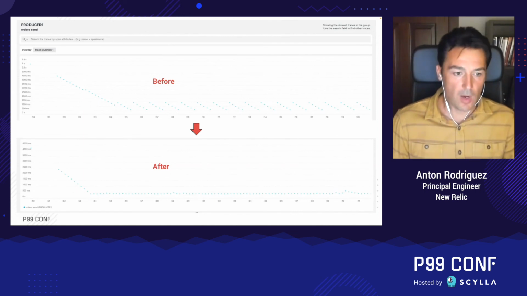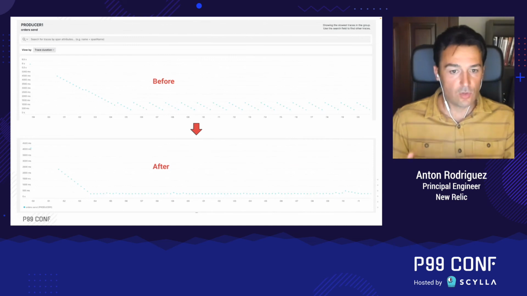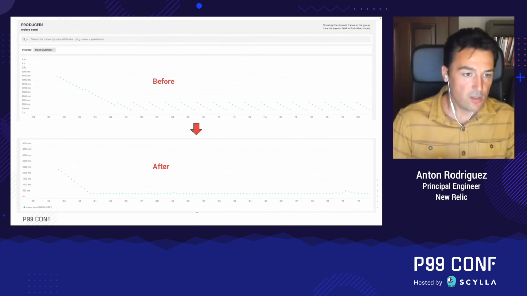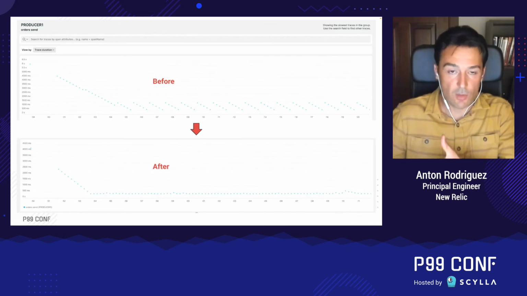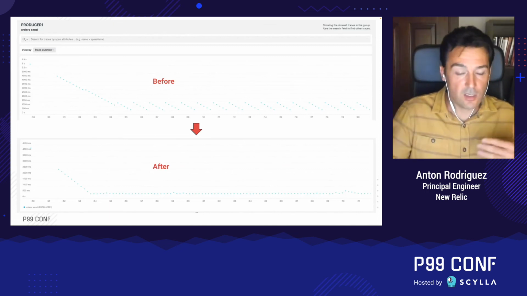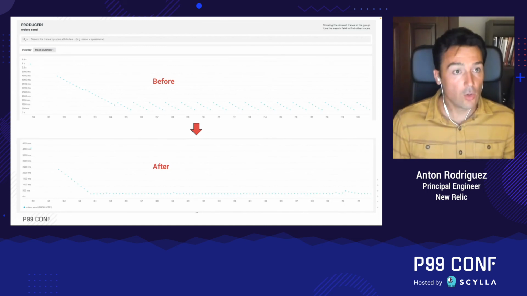Now, just a warning about this: it doesn't mean you should reduce or change the linger.ms configuration in your application. This is a very important parameter. It helps to increase the throughput or reduce the latency, depending on what you want, and it can also reduce a lot the load on your Kafka clusters.